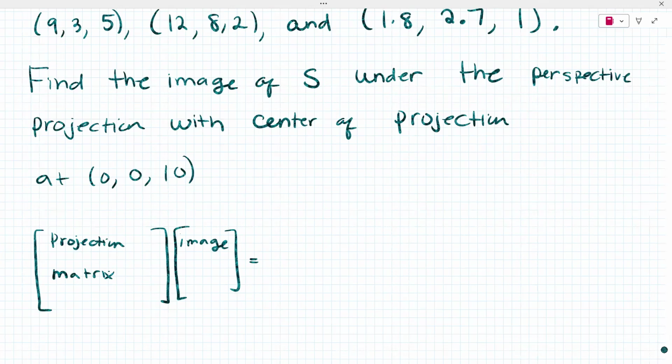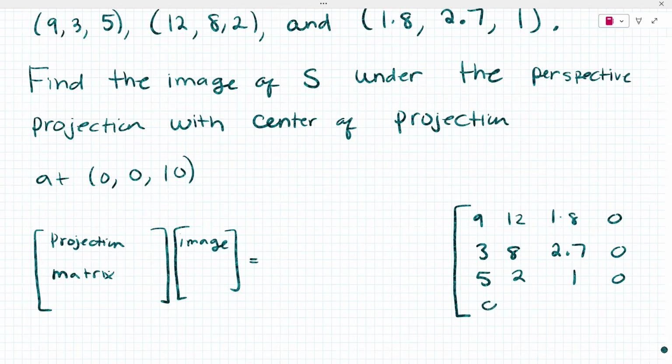Remember, we're going across rows: your x row, your y row, your z row. So it would be 9, 12, 1.8, 0. The next row would be 3, 8, 2.7, 0. Then the next row would be 5, 2, 1, 0. The next row would be 0, 0, 0, 1.